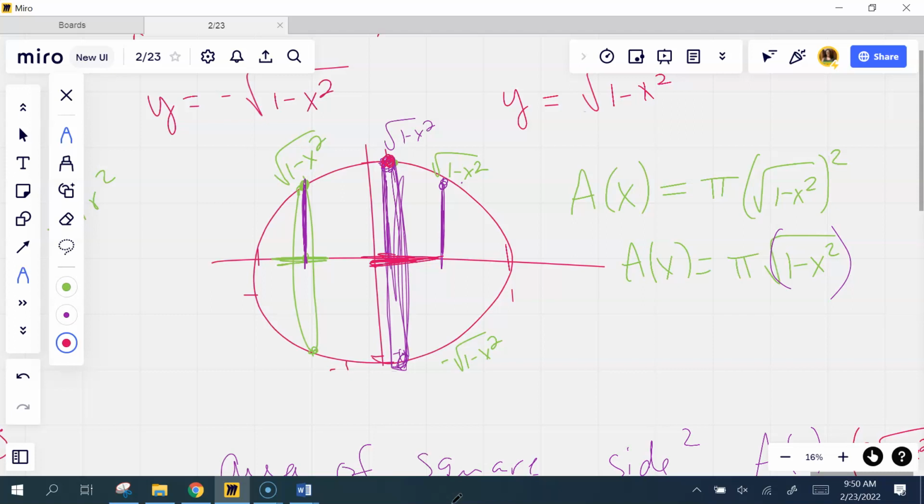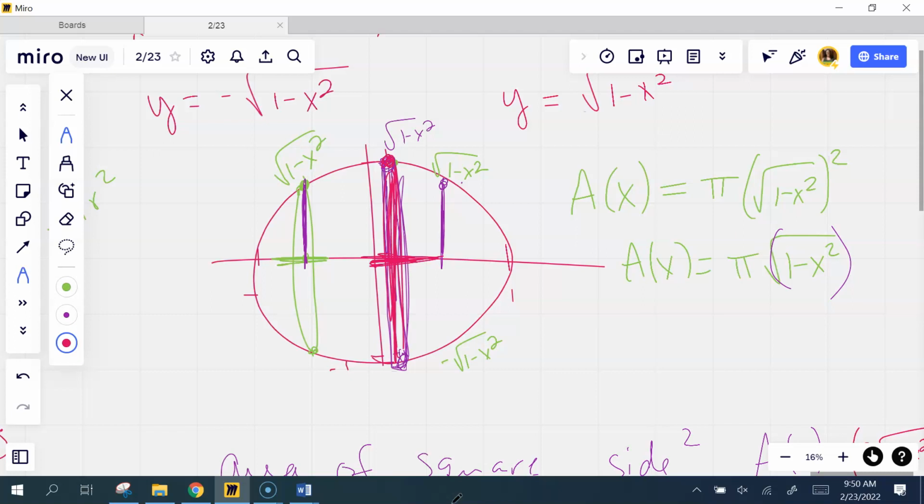But now I'm not doing circular, now I'm doing square. A square has all 4 same sides, so if I find one side length, which is here, it'll give me the total. I can find the area of all 4. Is this not making sense to y'all? Is it hard to visualize?